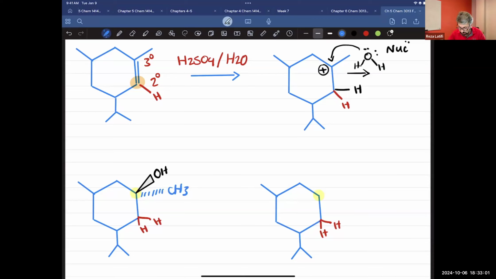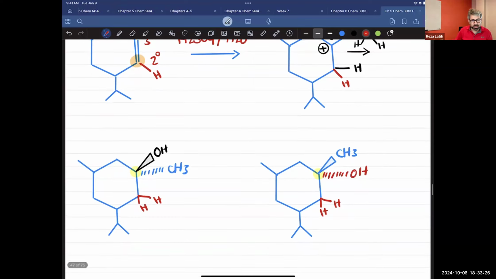Or if addition happened from the bottom of the molecule, in that case the methyl group will be facing up, and at the back of the molecule we will have OH.